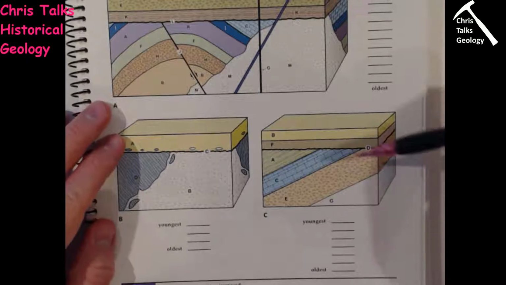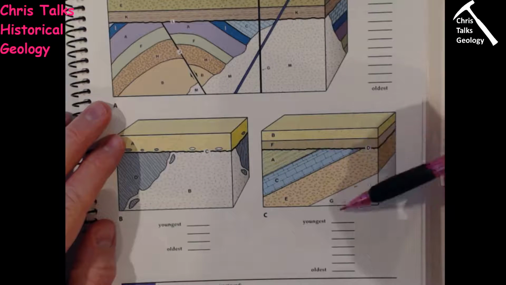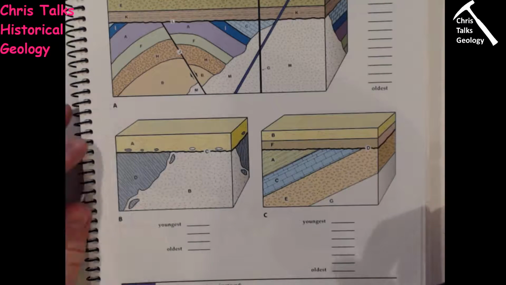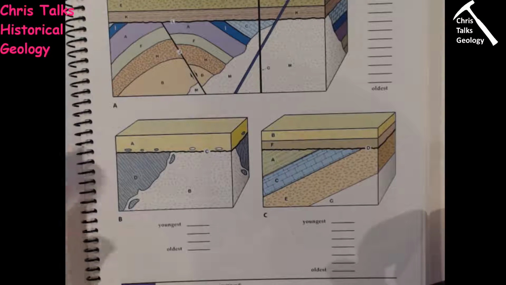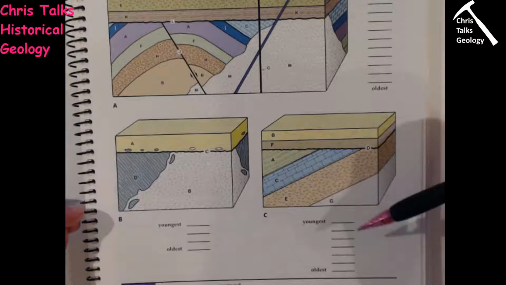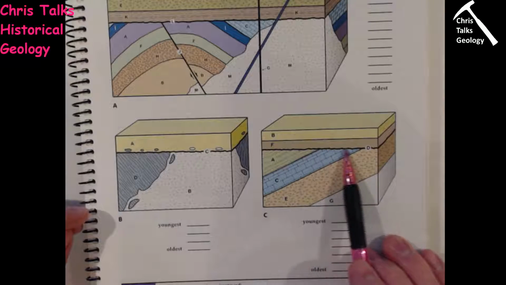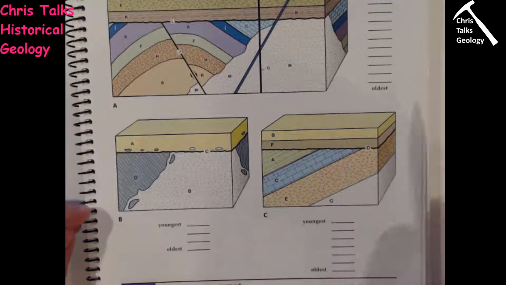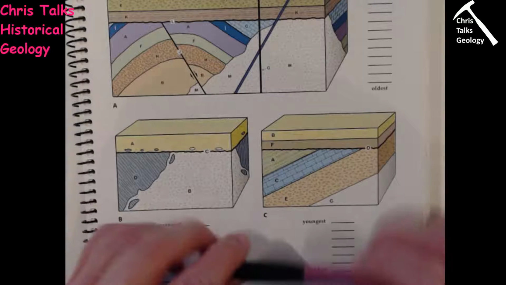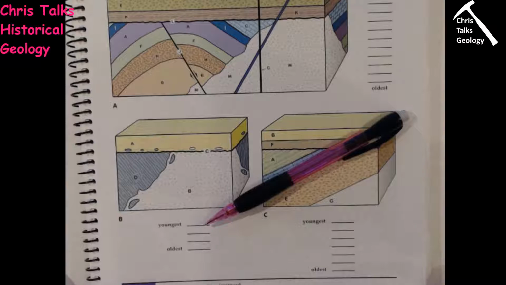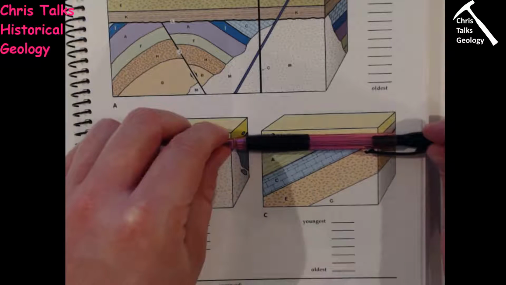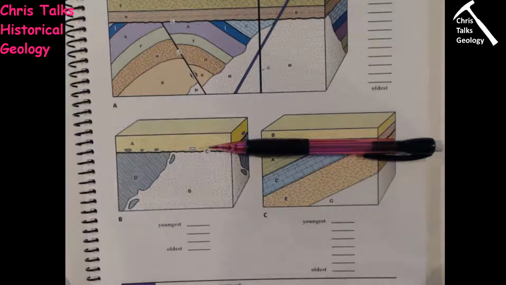In terms of working out the order of these 4 layers, the principle of superposition is king. Oldest at the bottom, youngest at the top. So you work your way through these 4. Then we can quite clearly see we have ourselves a lovely angular unconformity. We have dipping rocks below the unconformity and horizontal rocks above it.